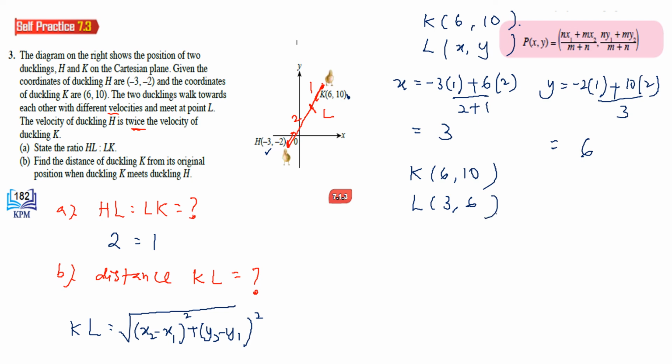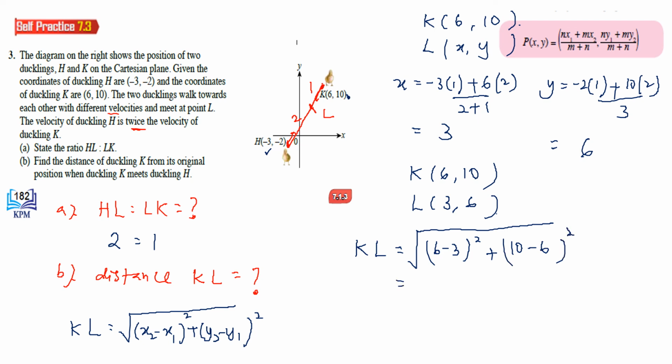So we are asked to find the distance KL. We can write this way, KL equals to the square root of x minus x. You see, when teacher arranges this way it is easier. So 6 minus 3 all squared, plus 10 minus 6, y minus y, all squared.